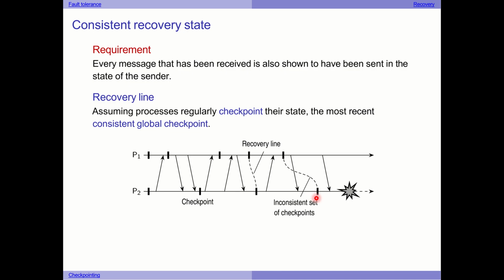Here, you see that P1 sent the message after the checkpoint. So this is the inconsistent one. This one is the consistent state.